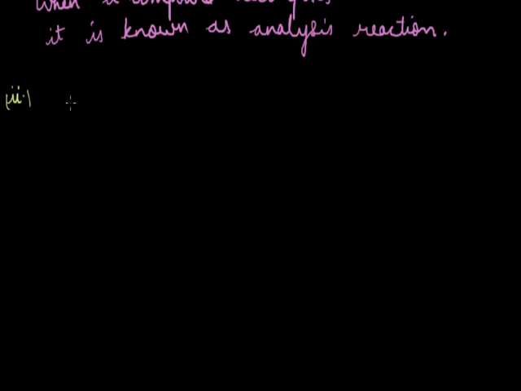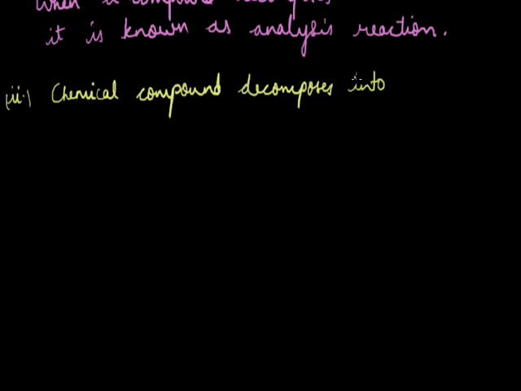The next type of decomposition reaction is when a chemical compound decomposes into an element and a compound. In this category we can see the decomposition of potassium chlorate, KClO3.